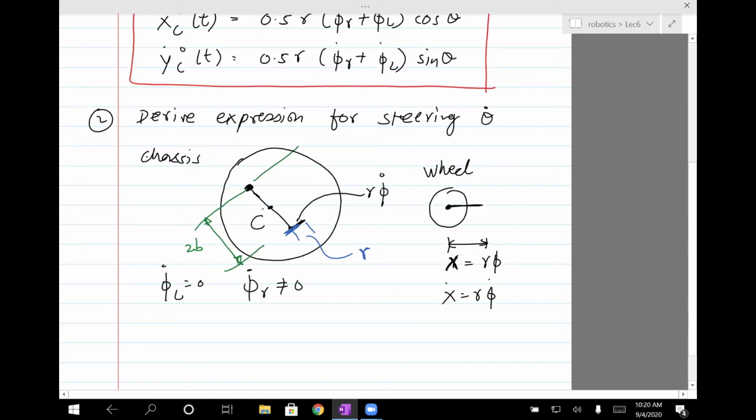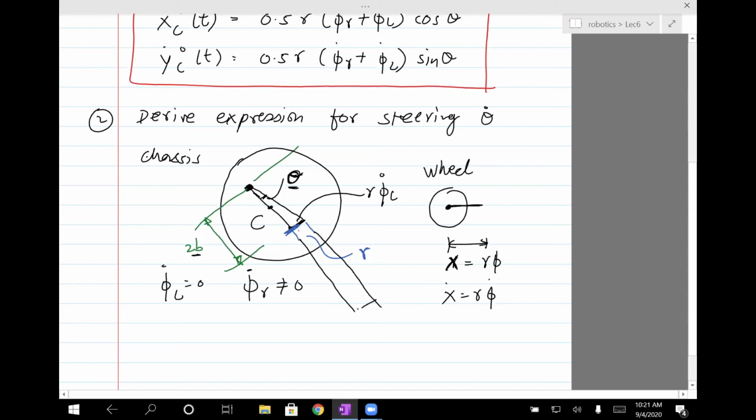But in that time frame that the right wheel moves forward by distance r phi or velocity r phi dot, we would see that this chassis actually turns by an angle theta, right? And given this theta, given this 2b, we can write a formula for this arc length.